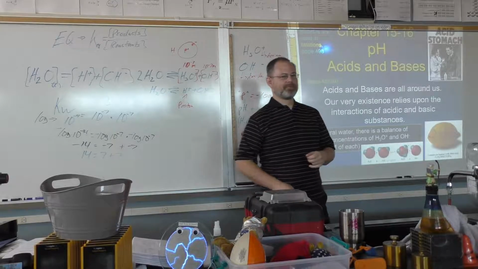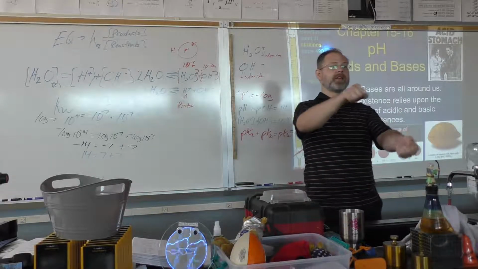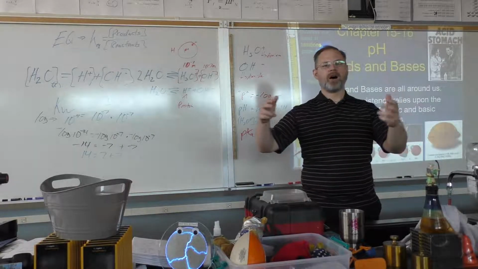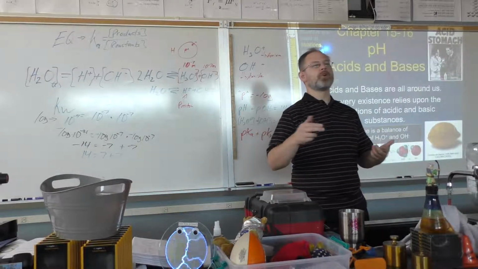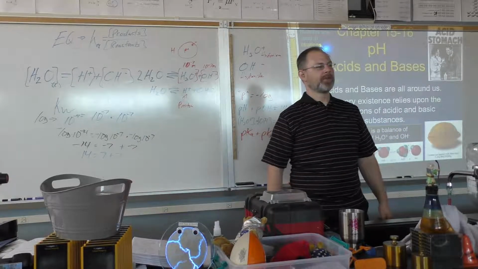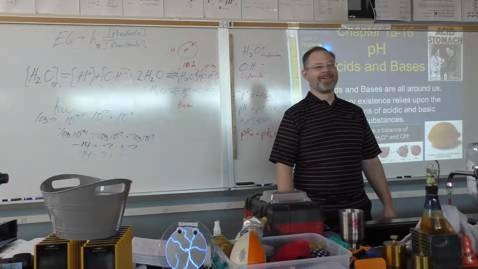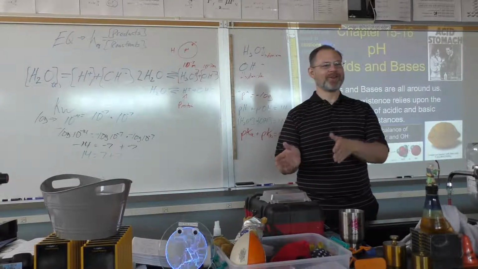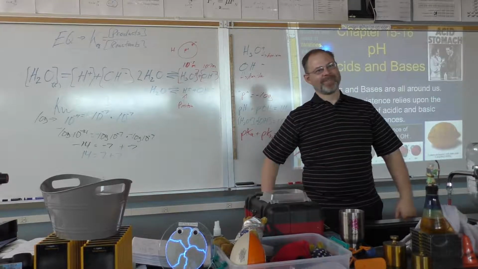Auto-ionization. Like auto, like A-U-T-O or O? Auto as in the car. Auto basically means by itself. So an automobile, do you know why an automobile is called an automobile? Because you don't have to push it. Because it doesn't require a horse. It's a vehicle that goes on its own.